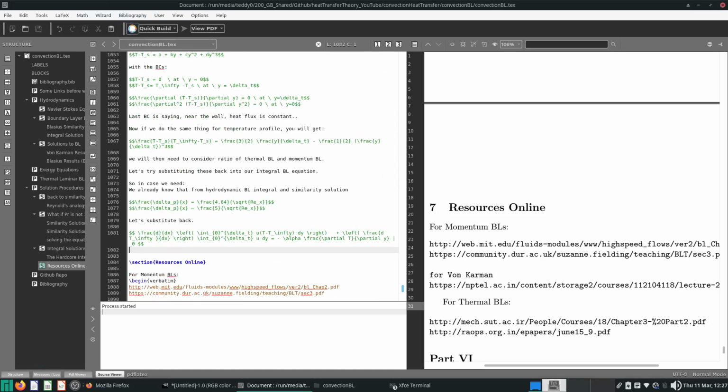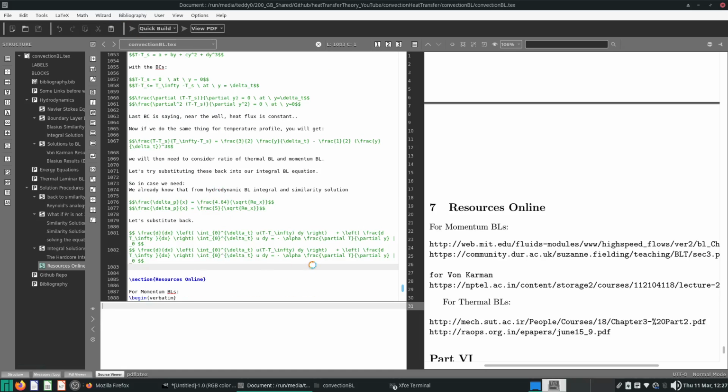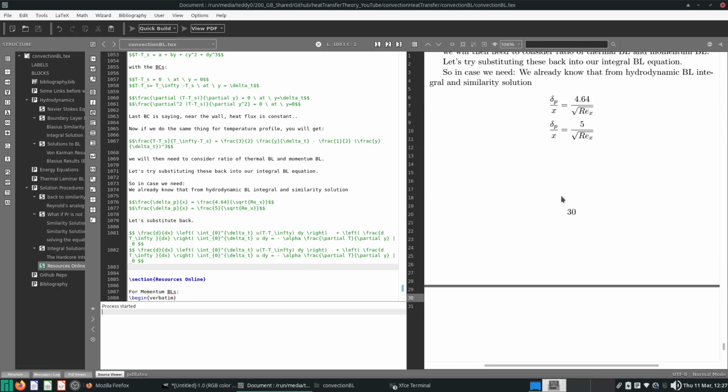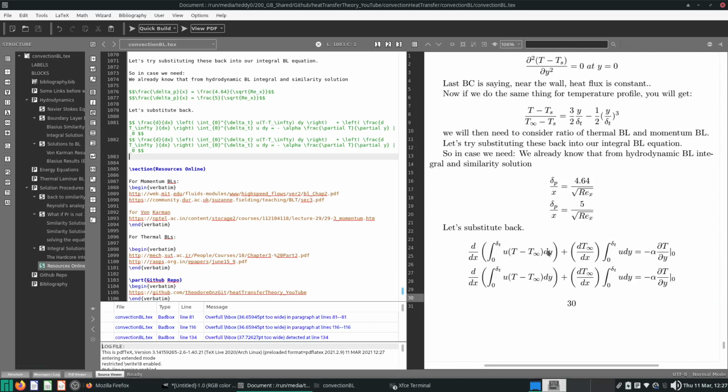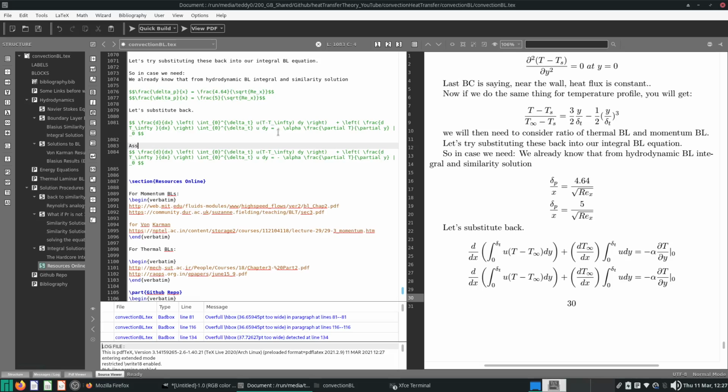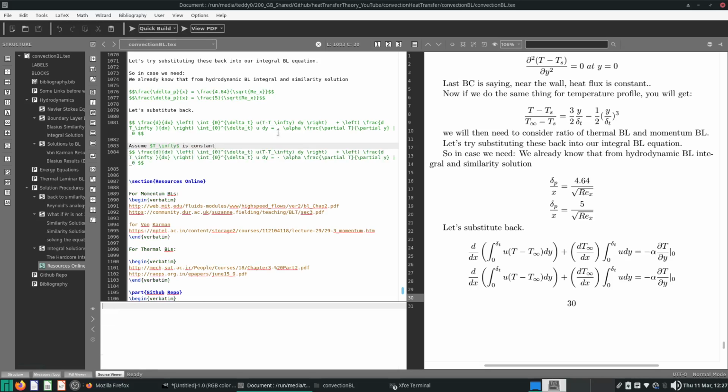Okay, I'm going to paste it twice as usual so that we know where we are starting from, and then we can start to change from there. So the first thing we want to do is assume t infinity is constant with respect to x.